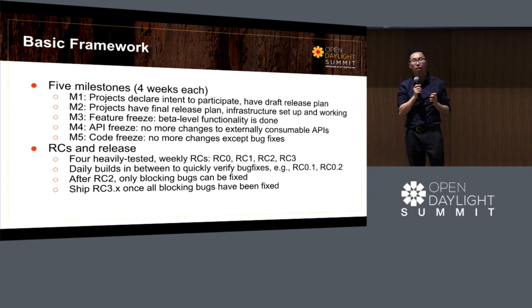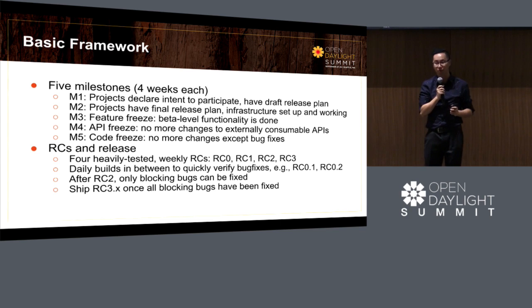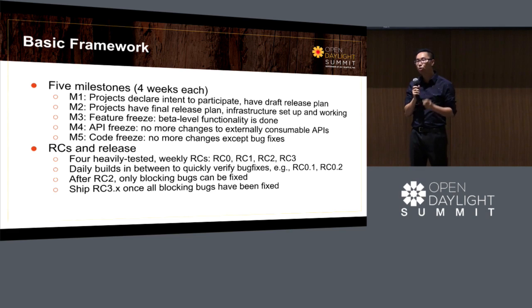development stage, we break it up into what are called milestones. And each milestone represents a logical checkpoint in our release process. The first being who wants to participate, followed by finalizing your release plan, then freezing your features, freezing your APIs and architecture, and freezing your code.